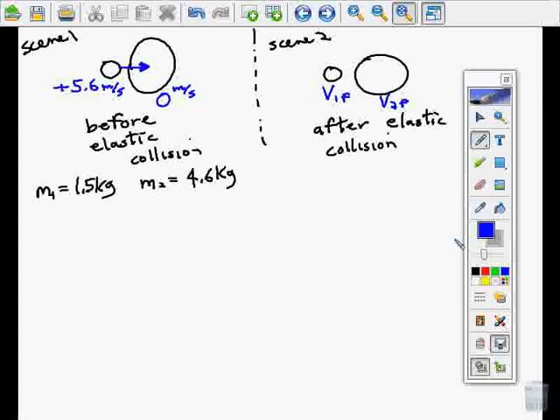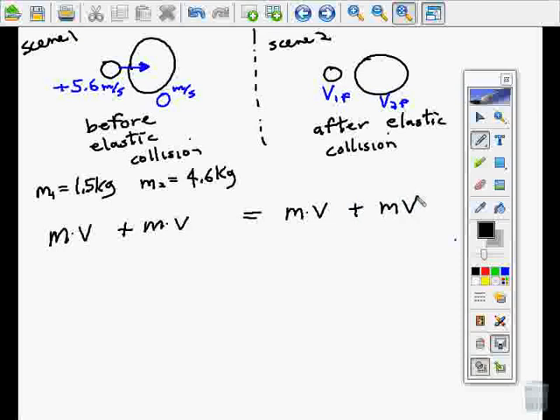So first thing I do is I apply conservation of momentum, yes? So I know that the mass times velocity of the first little sphere plus the mass times the velocity of the big sphere equals the mass times the velocity of the little sphere right after the collision plus the mass times the velocity of the big sphere right after the collision.